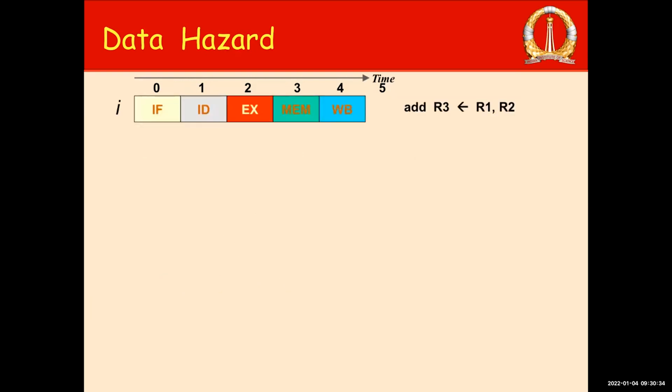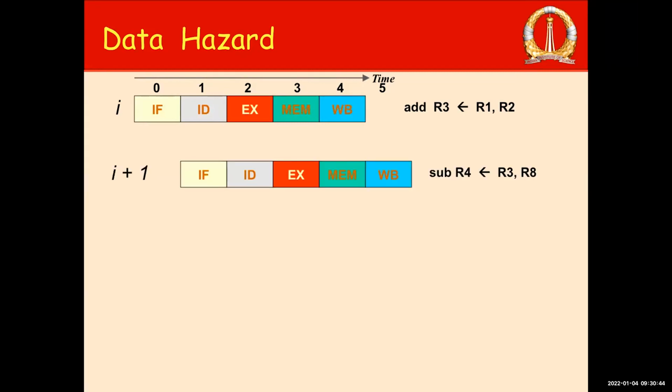Now let's look at the data hazard part of it. Here is an example. Let's assume that the ith instruction produces a value in the R3 register, and the i plus 1th instruction uses this value of R3.